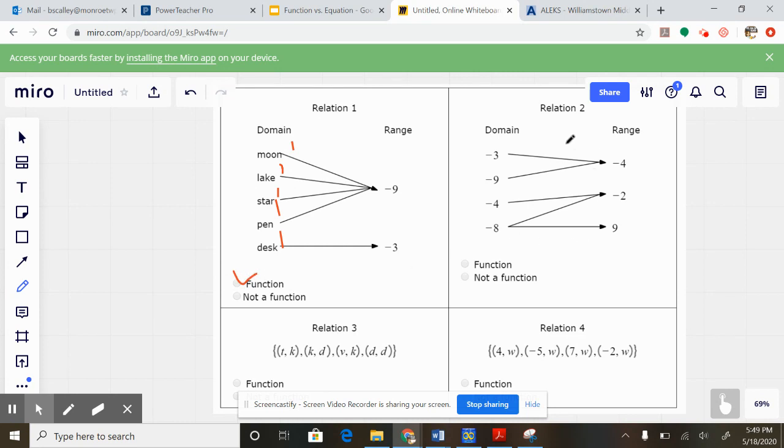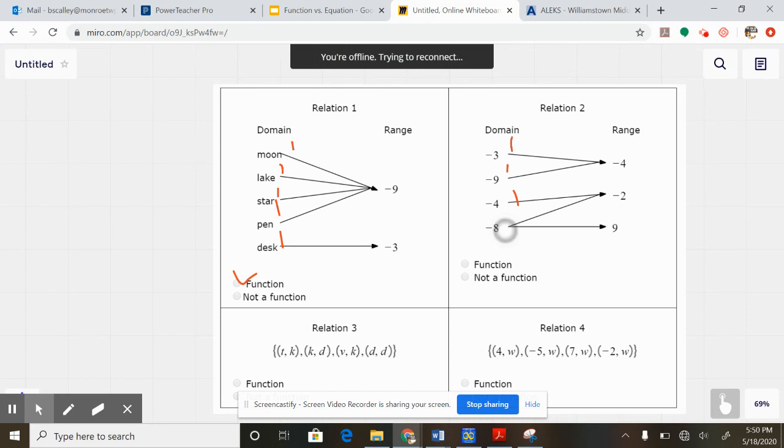For relation 2, I'm looking at this. When I input -3, I get one output, -4. When I input -9, I get that same output. When I input -4, I get one output, -2. But when I input -8, I could get either -2 or +9.